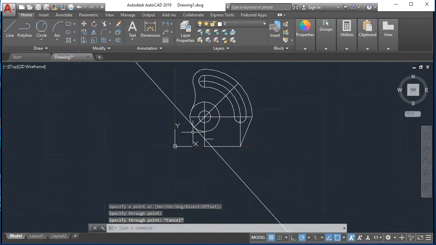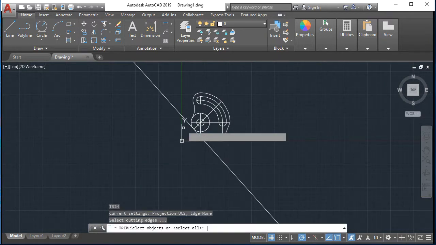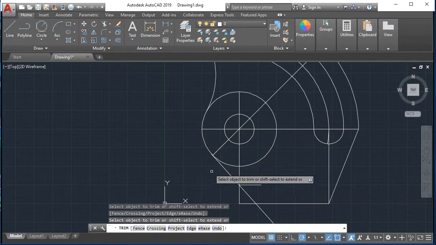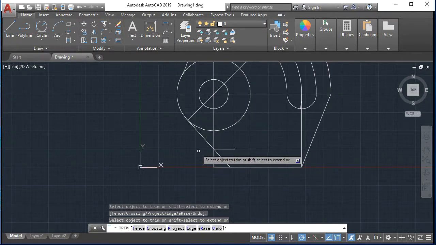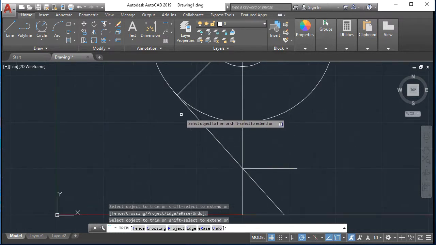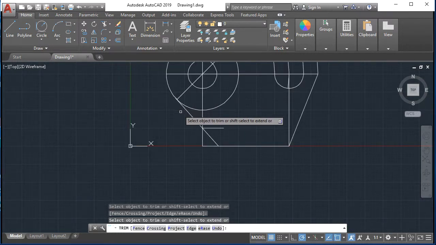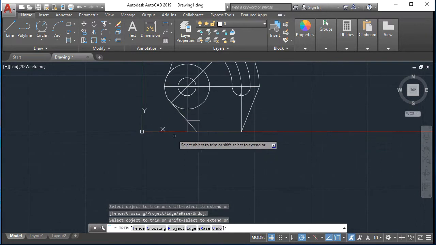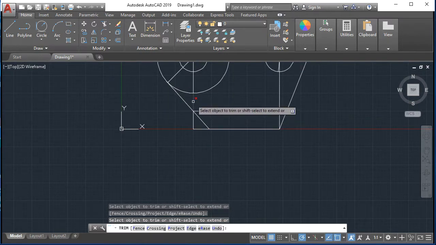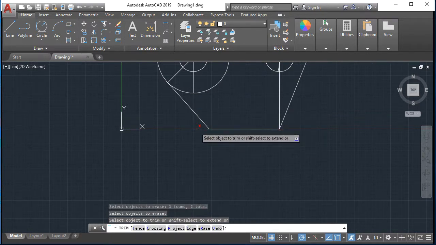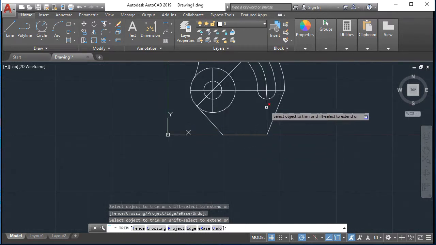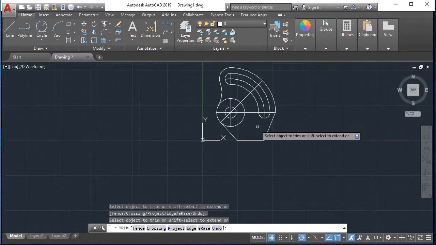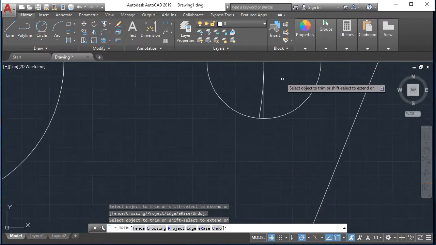Again remove, double enter, remove this portion and this portion, and we have this line. We now need these two lines, so I am removing this. Select and erase these two lines, and also this line also, and this straight line also.